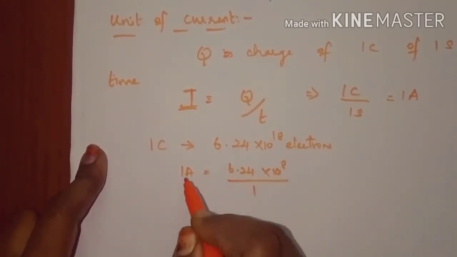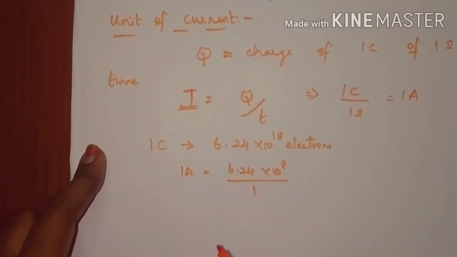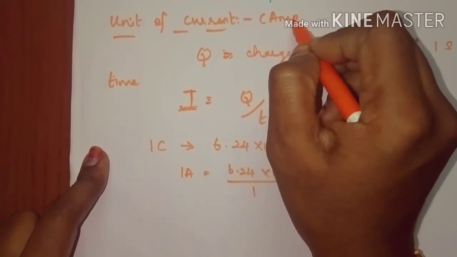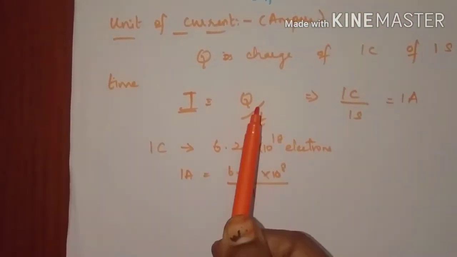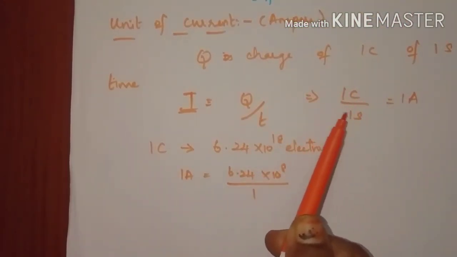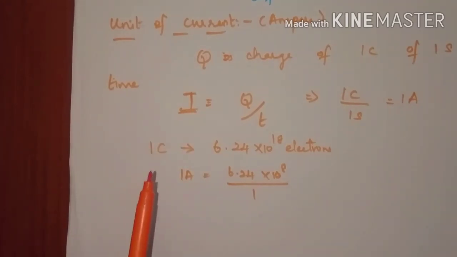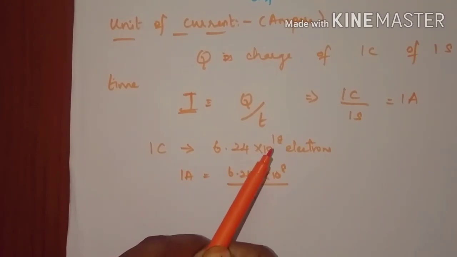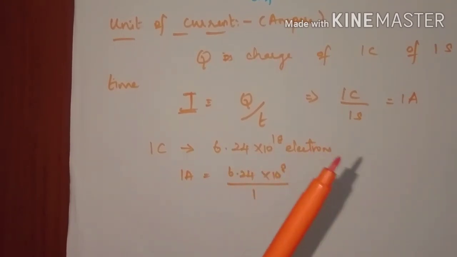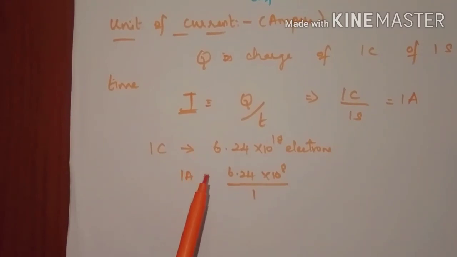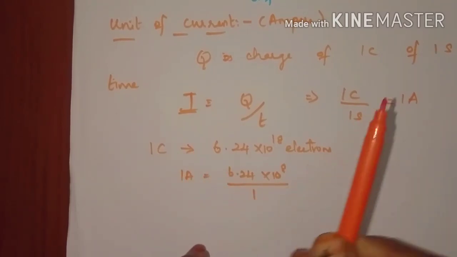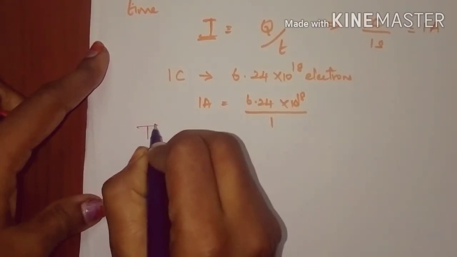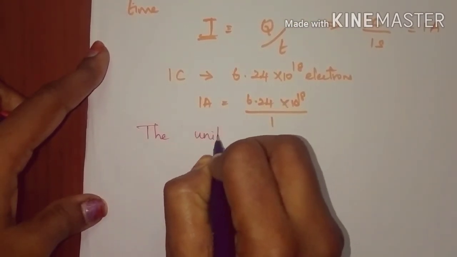The unit of current is the ampere. The flow of 1 coulomb of charge for 1 second constitutes 1 ampere of current. 1 coulomb of charge is nothing but 6.24 into 10 to the power of 18 electrons. So the unit of electrical current is the ampere.